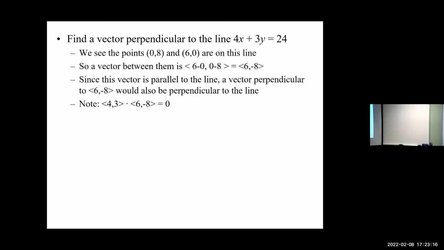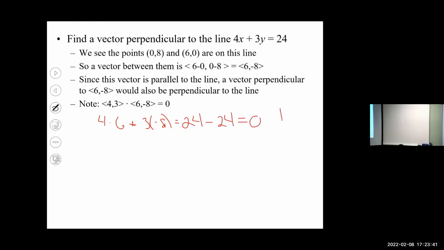For example, if we do the vector (4, 3) and we run the dot product, let's review our definition of dot product. That would be 4 times 6 plus 3 times -8. So I've got a positive 24 and a negative 24, and that equals 0.